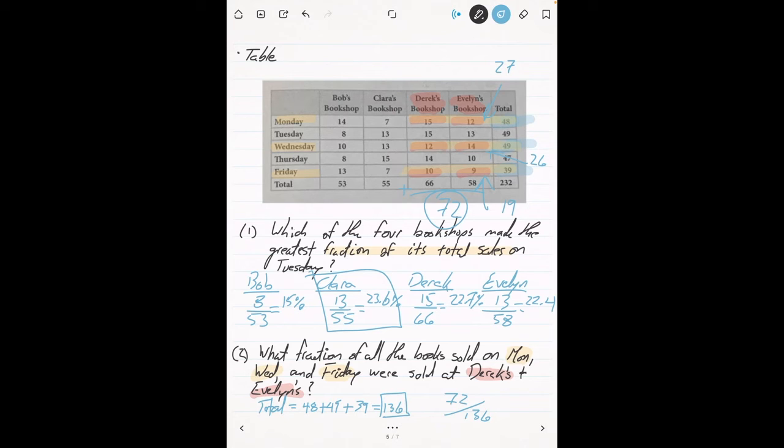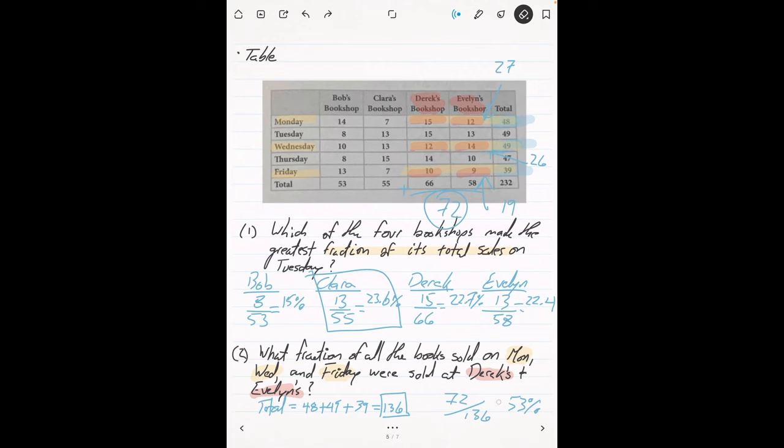If we wrote that as a percentage, by the way, if we just divided that, it would be 52.9, let's say 53%. So we could say that on Monday, Wednesday, and Friday, over half of the sales were due to Derek and Evelyn. You could say that. But what we're being asked here is to come up with the fraction.